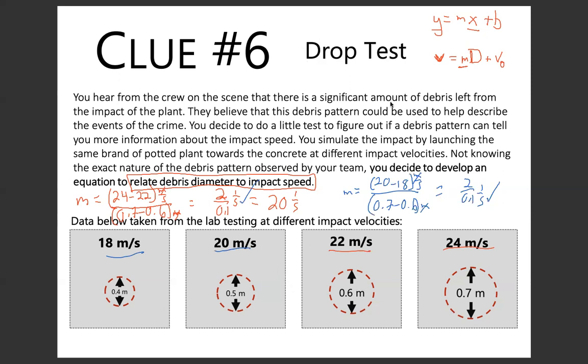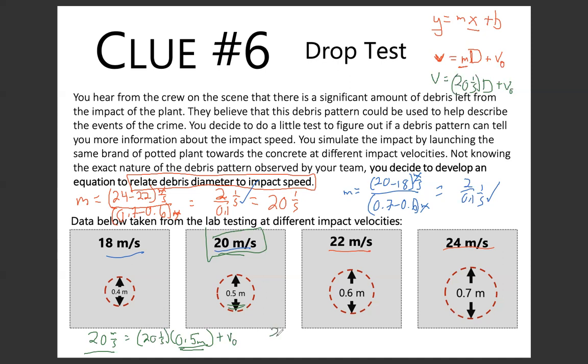And so the last thing to figure out is what this V naught is. We now know that V equals 20 inverse seconds times the diameter plus V naught. We need to pick any point. So I'll use this one right here. You could use any point. That would mean 20 meters per second equals 20 inverse seconds times a 0.5 meter debris field, plus V naught.